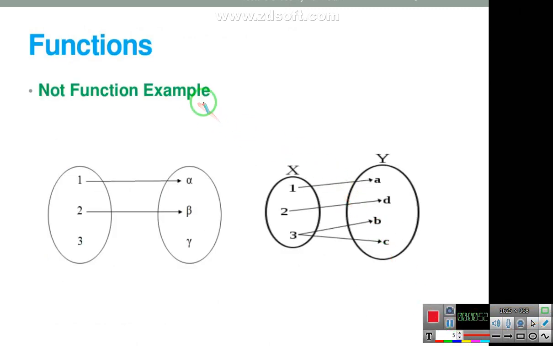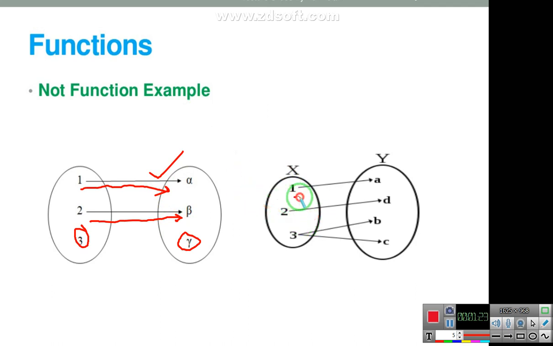So now coming to the not-a-function examples. These are not a function. Why? You can see 1, 2, 3 and alpha, beta, and gamma. Okay, 1 to alpha is unique, 2 to beta is unique, but this one remains, which is not used. When some number is there and is not used, it's not a function, as I will show you later on.